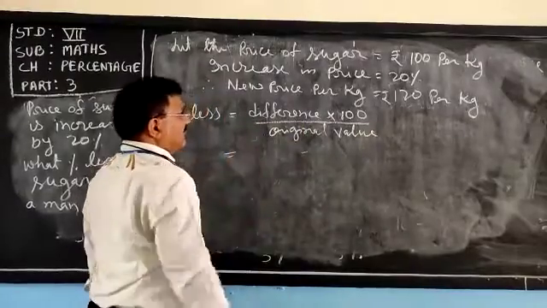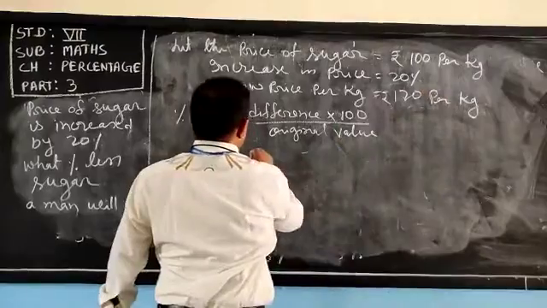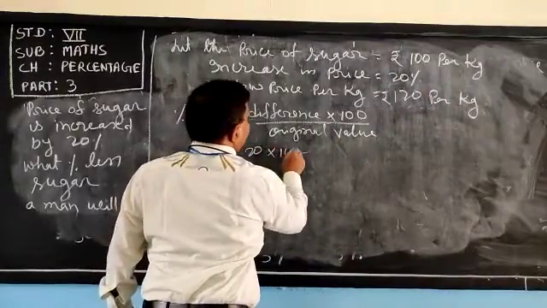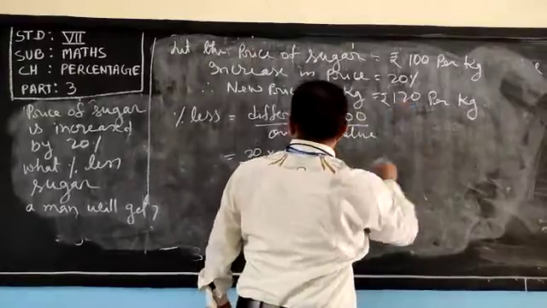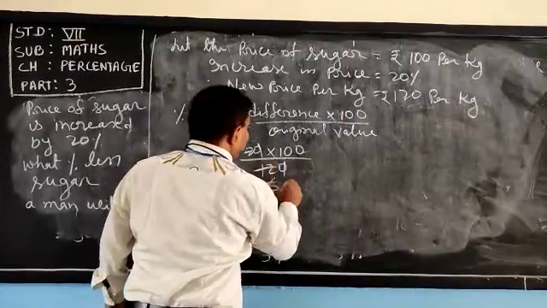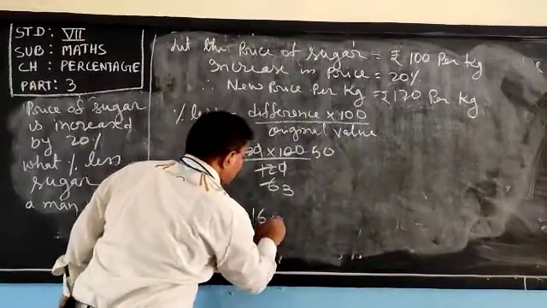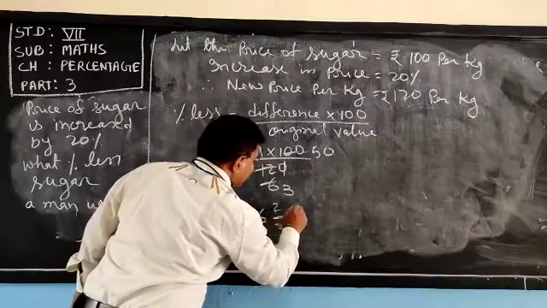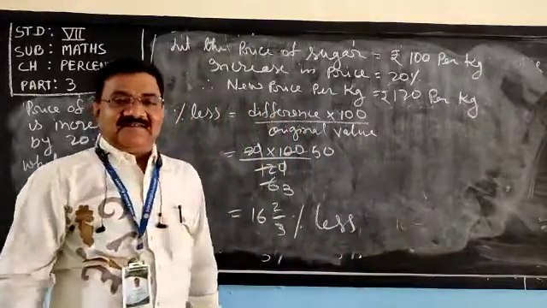Difference is what? Difference between 120 and 100, which is 20, into 100, and the original value, the new price, is 120. That was the same question. It means 16 whole 2 by 3% less sugar you will get.